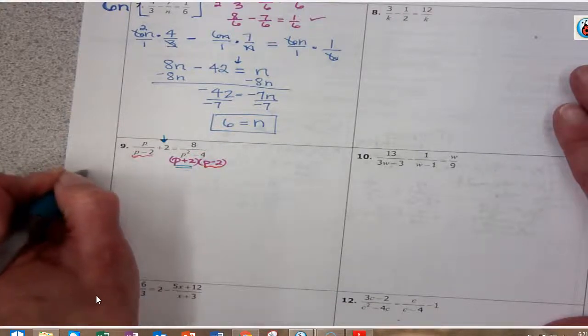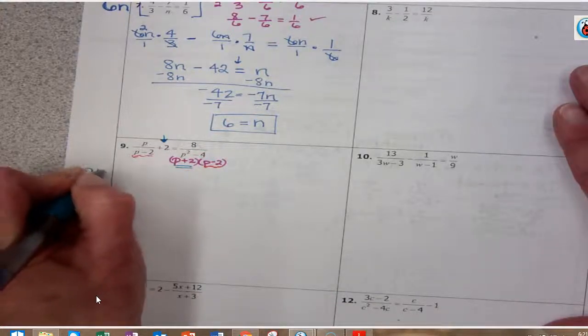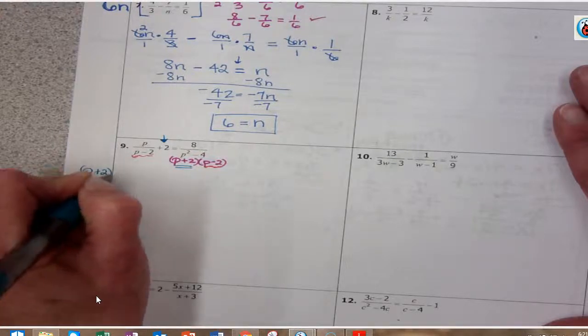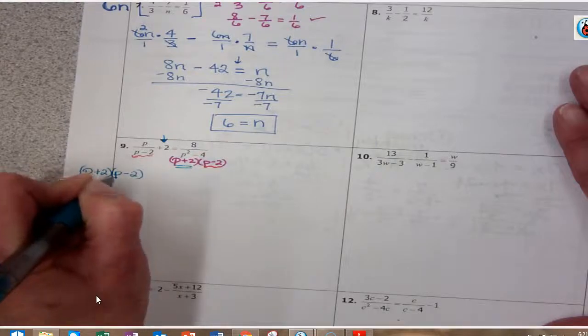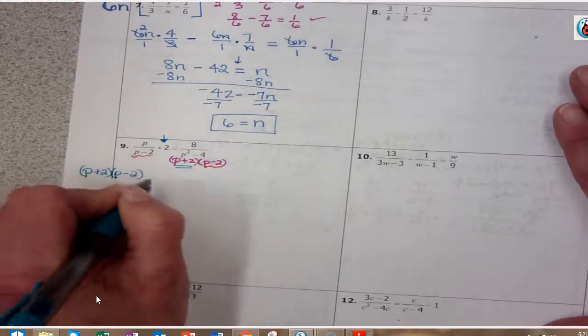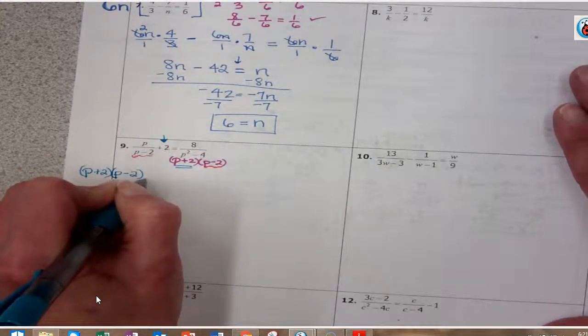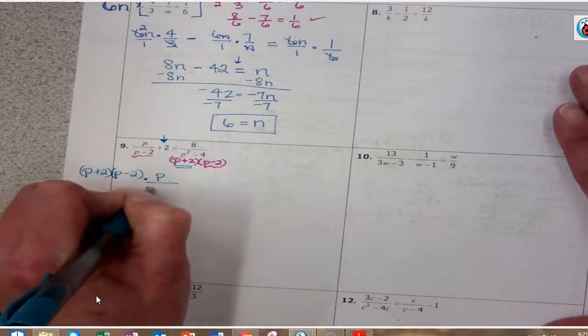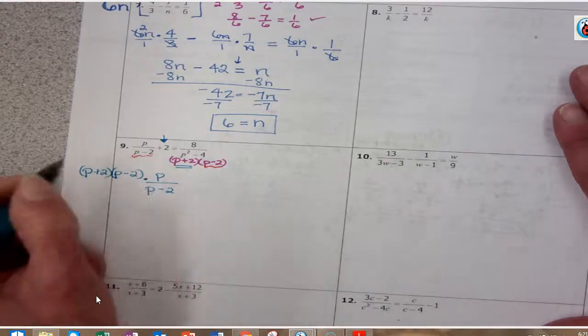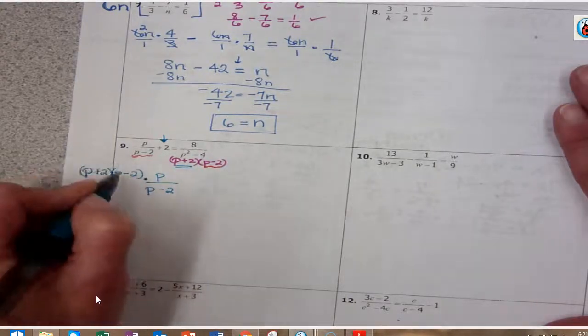I'm going to multiply (p plus 2)(p minus 2) times everything in here. So when I multiply it by p over p minus 2, I can cross.